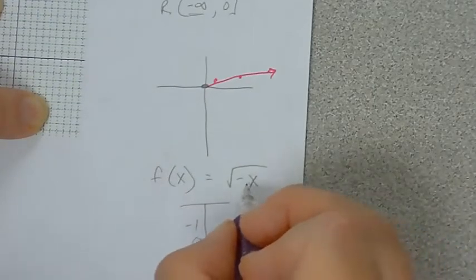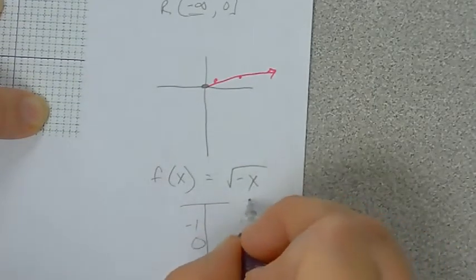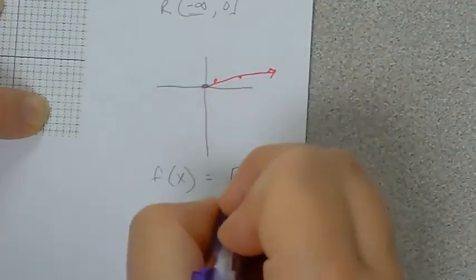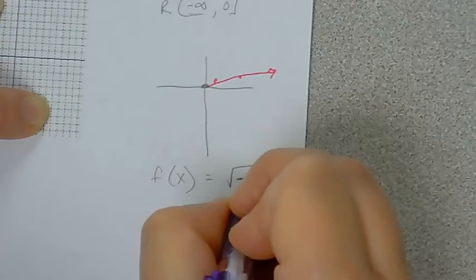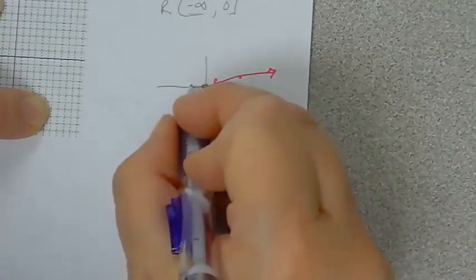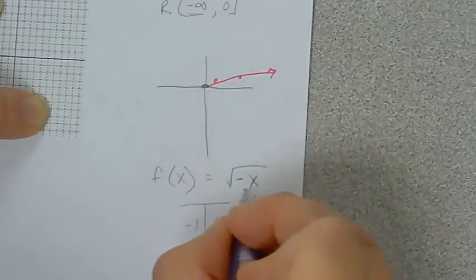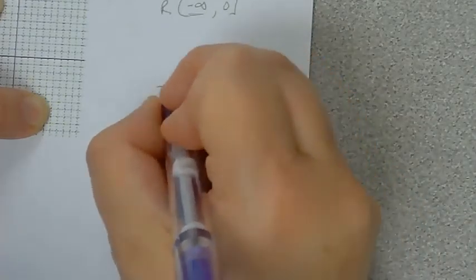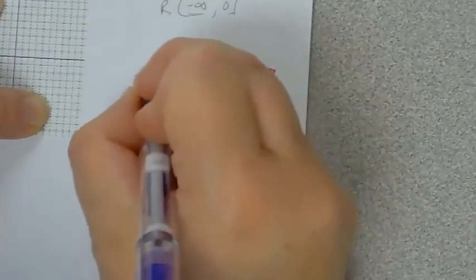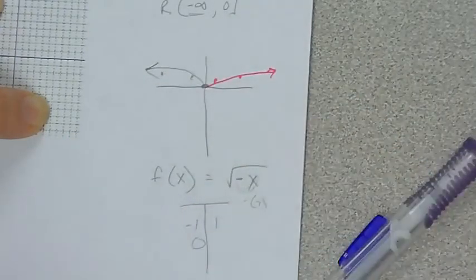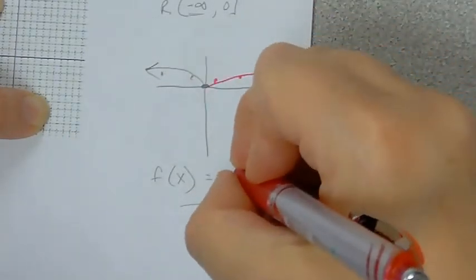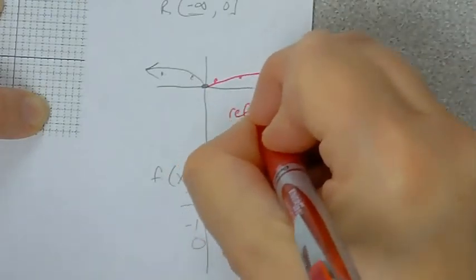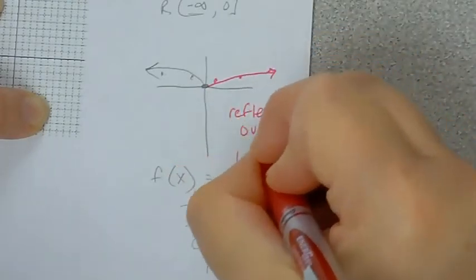Because when you put a negative 1 in for x, you actually end up getting positive 1. So by putting a negative here, I have to put negative numbers in for x to turn this whole thing into positive. So this one is going to flip around and look something like this. So by putting the negative on the inside of the radical, it's going to reflect over the y-axis.